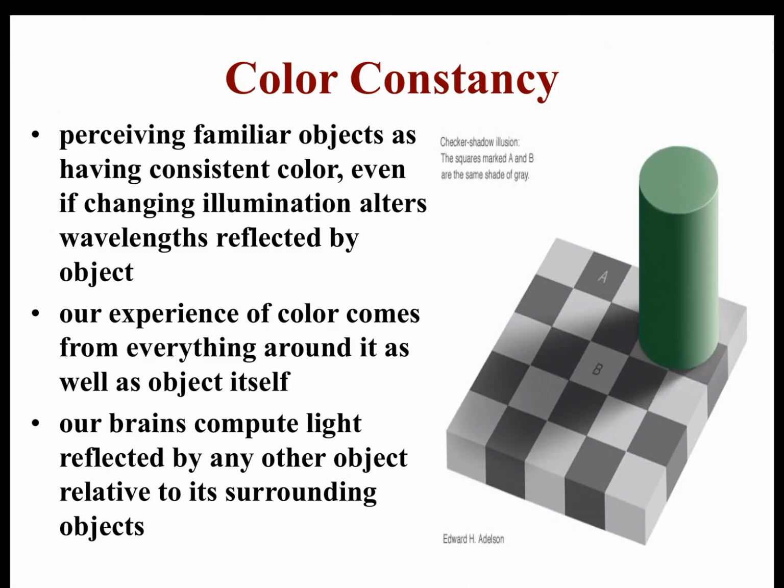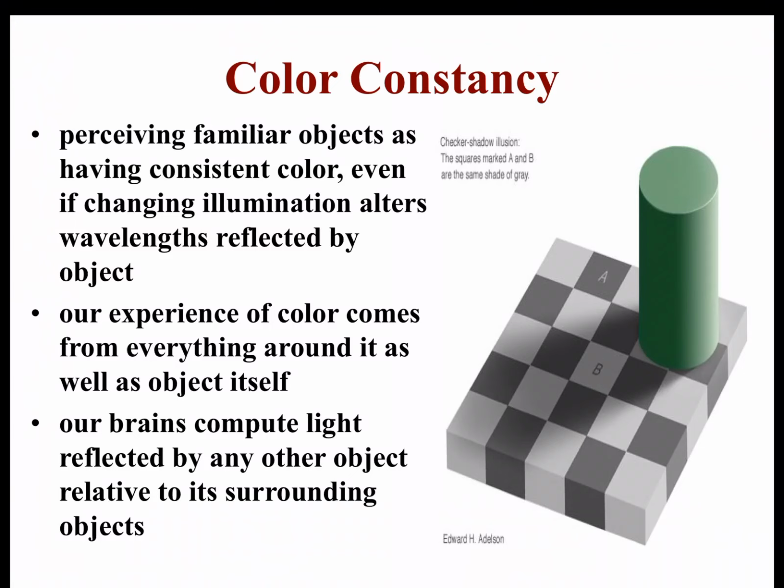Things that are in the shade, like that B square that looks like it's in the shade of the big green pillar, our brain is going to naturally tell us that is lighter, and the things that are out in the bright light, like this A square, our brain is going to tell us that's naturally darker, just to try and keep things consistent.